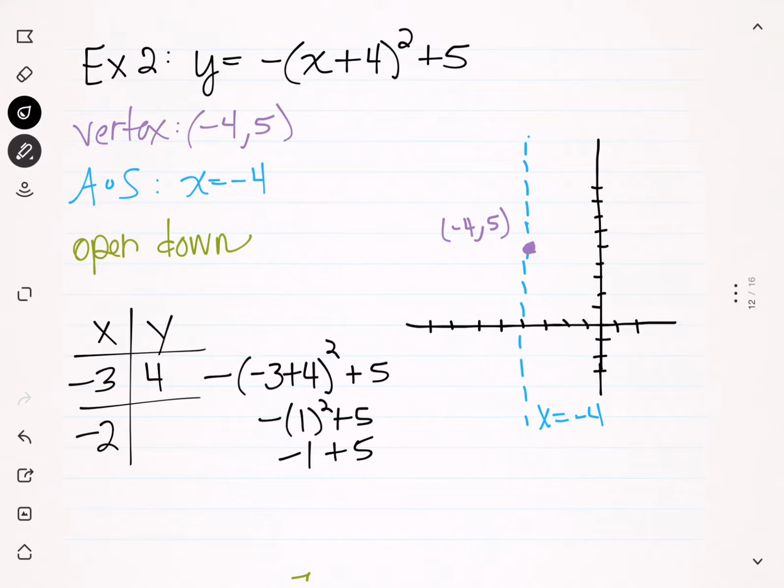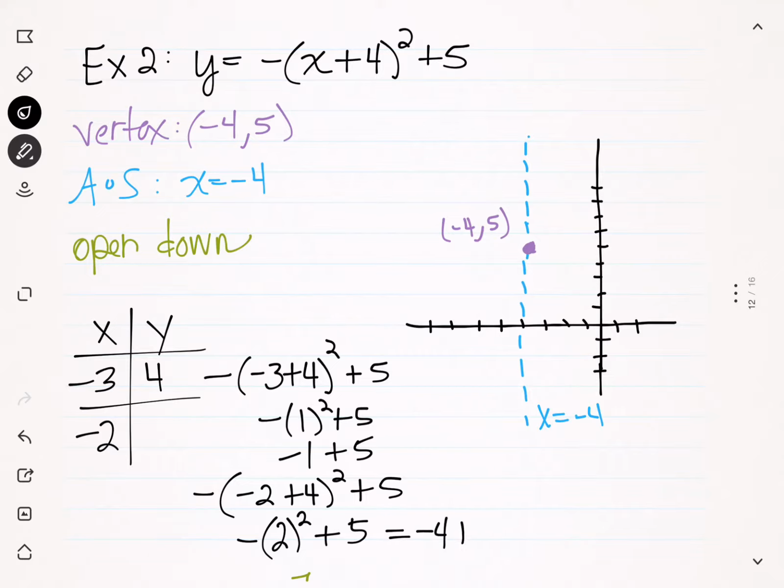Okay? Let's try plugging in negative 2 this time. So negative, the quantity negative 2 plus 4, squared, plus 5. On the inside of my parentheses, I'm going to have a negative 2 plus 4 is a positive 2 squared. I have a negative sign outside. So positive 2 squared is going to be 4.